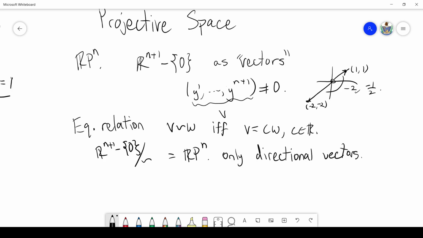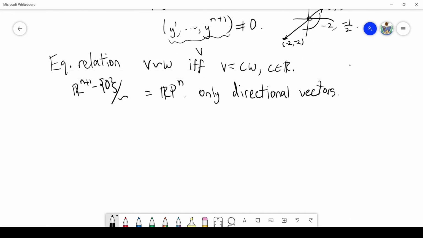A different, more geometric way to look at this, or I guess I should say topological way to look at this, is if we start with the sphere, right, and again I'm just going to use a circle because we're drawing in 2 dimensions.